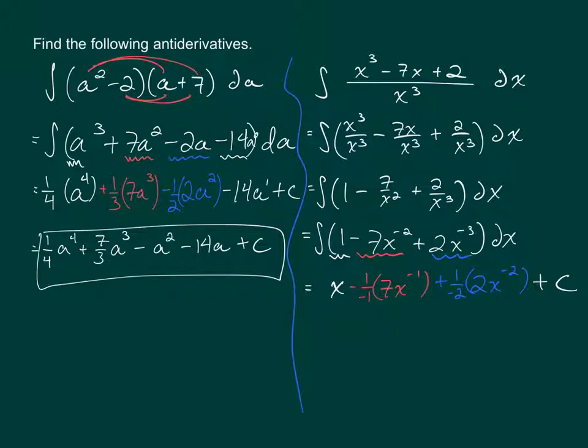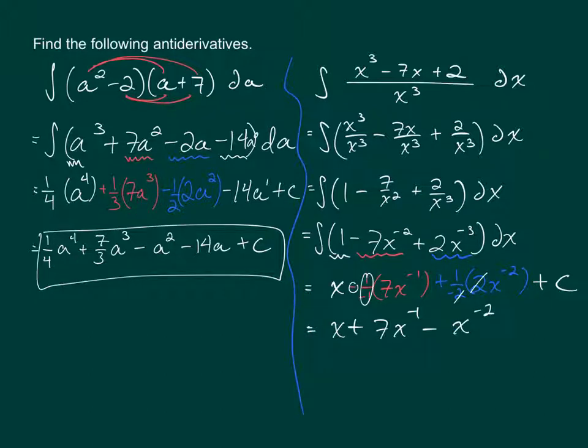Finally, all we need to do is simplify our numbers. So subtracting a negative 1 is the same thing as adding 7x to the negative 1 power. 2 and negative 2 will reduce so that this becomes minus x to the negative 2 power.